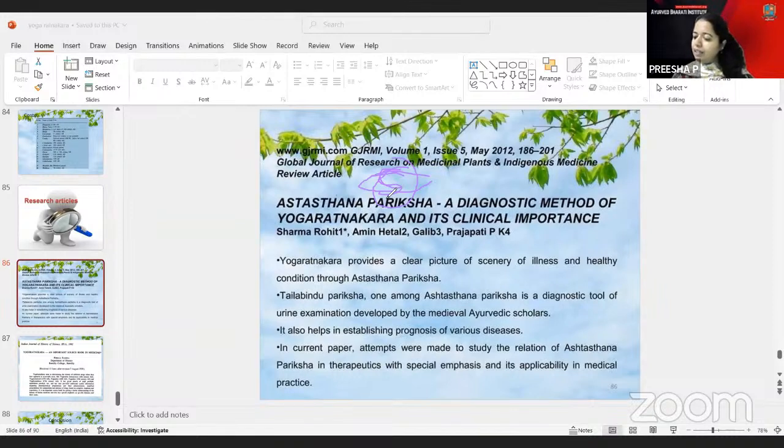Then you have the Sushruta one. Kulya is the synonym of which part? Netra, Jihva, Nasa, Karna. Kulya is a synonym of which part?